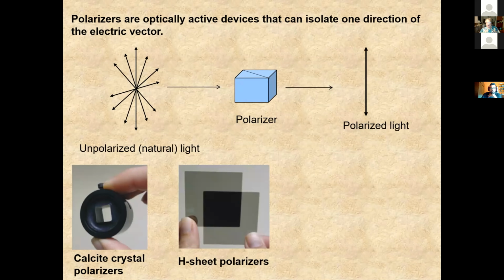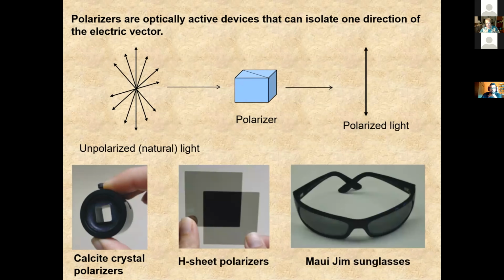Now, of course, being in Hawaii, it's very important for me to have my own polarizers, my Maui Jim sunglasses. Many sunglasses are polarizers. And I want to ask you, and I'm not going to tell you, but you can think about it, and if you can't get the answer, ask me later in discussion: what direction of polarization do sunglasses pass, the vertical direction or the perpendicular direction? So think about that.